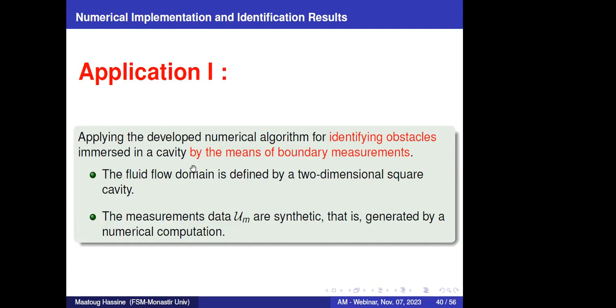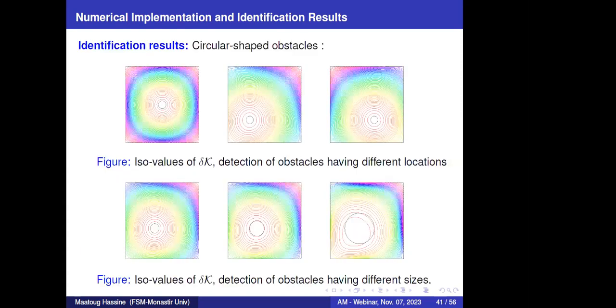The flow domain in this case is defined by a two-dimensional square cavity. The measurement patterns are synthetic, that is, generated by a numerical computation. So we present here some numerical results for a circular shaped obstacle, where the exact obstacle is plotted by black lines.